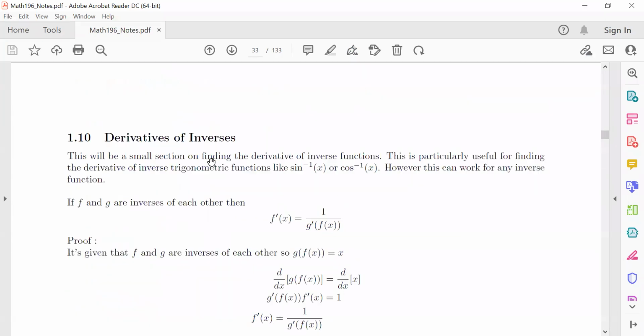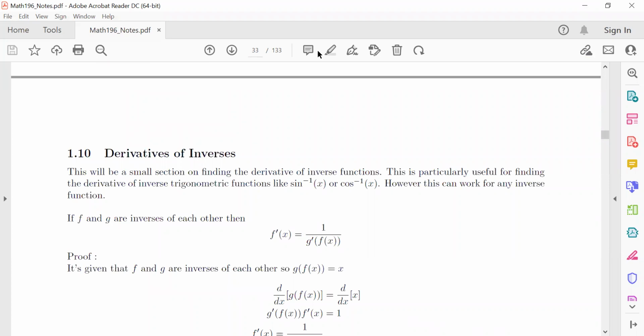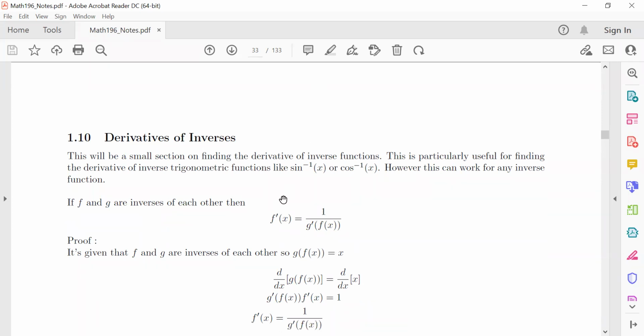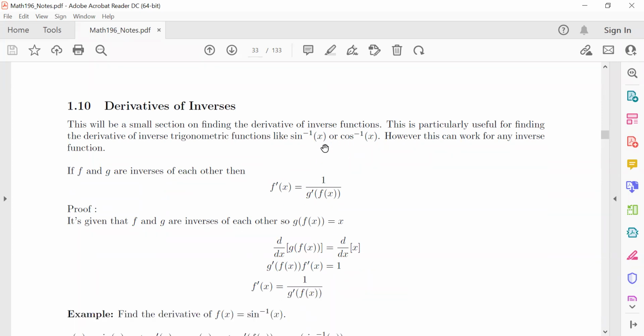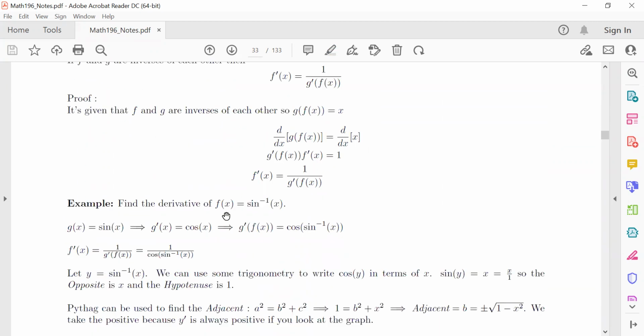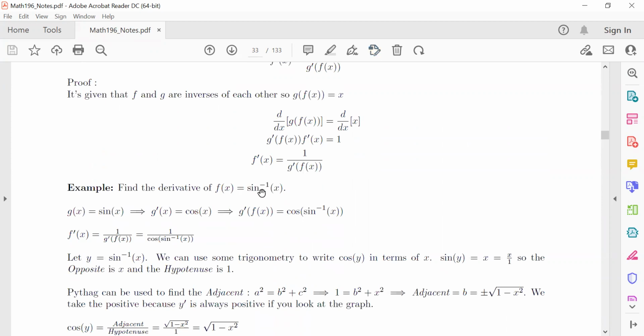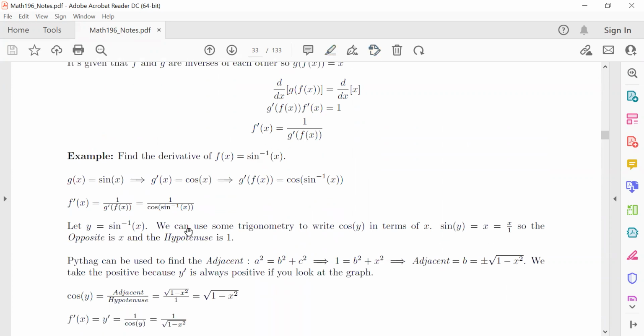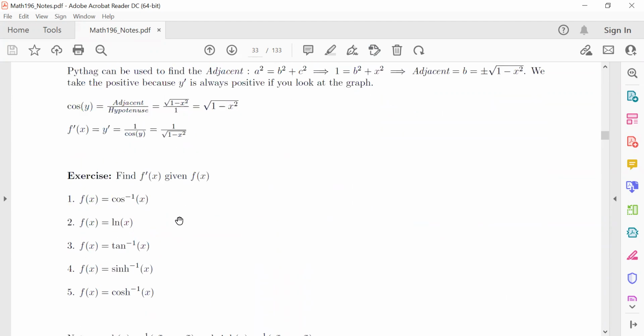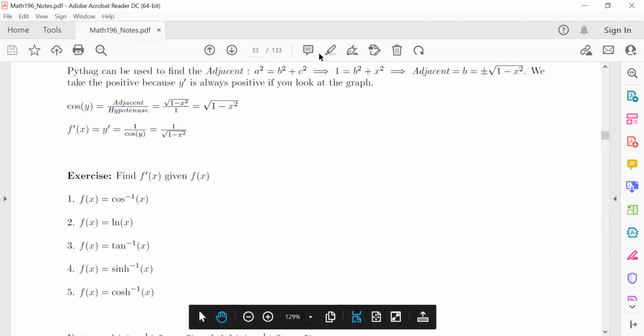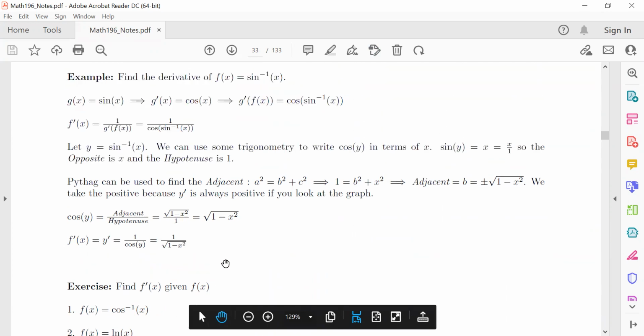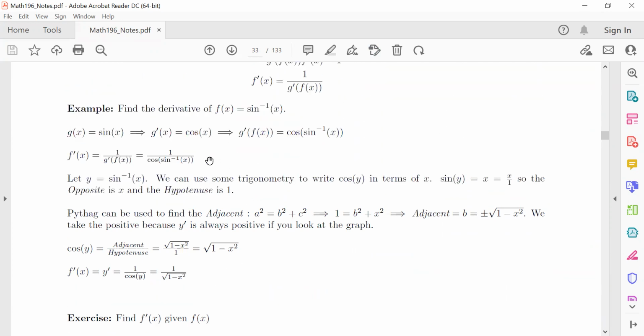So over here, derivative of inverses. Just take a look at these notes here, the Math196 notes extra that I typed out. It goes through all of the steps that you need to do to find the derivative of inverse functions. So here I do the example of finding the derivative of sine inverse. It goes through all the steps here. And then there are some exercises here on finding the other derivatives. So you just need to follow these steps over here to find it.